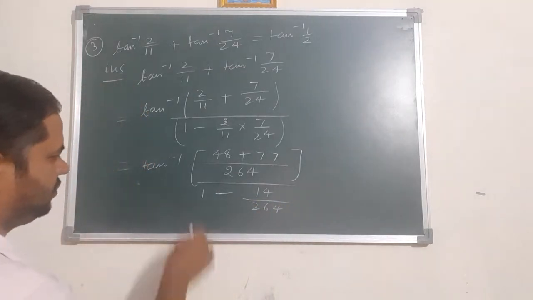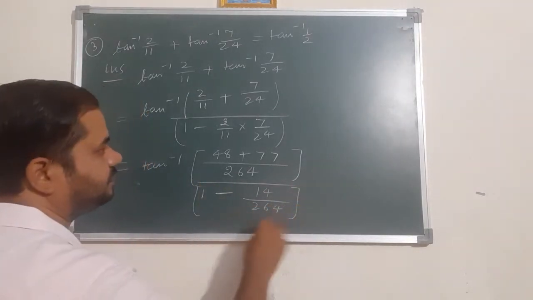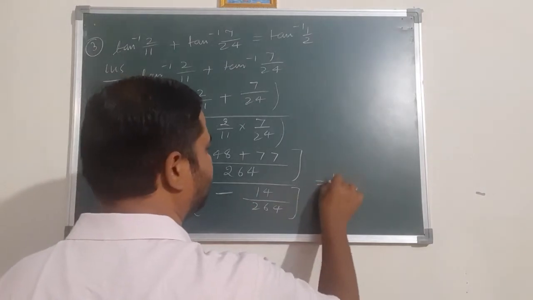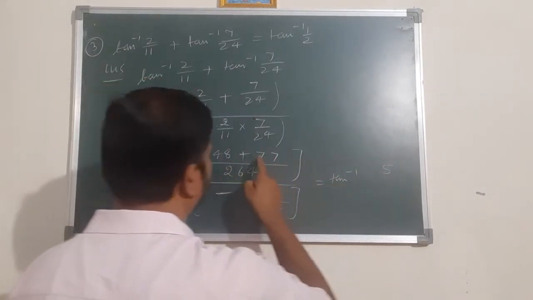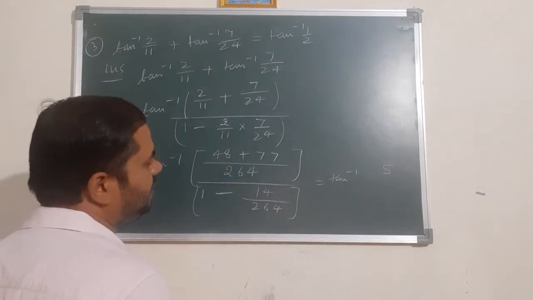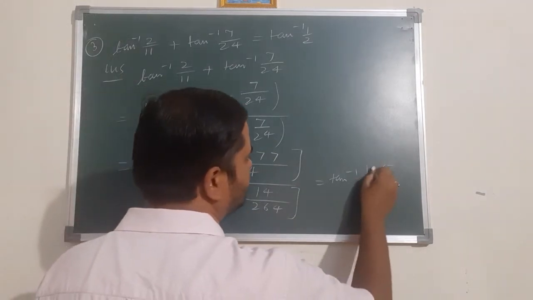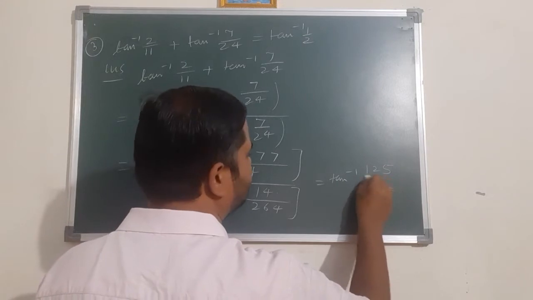Okay, so this becomes tan inverse of 48 plus 77 upon 264 minus 14 divided by 264.